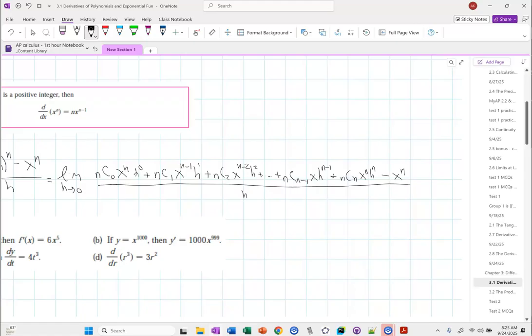There. So that's the binomial expansion. Do you need to have that memorized? No, not necessary, but you should be able to do it.